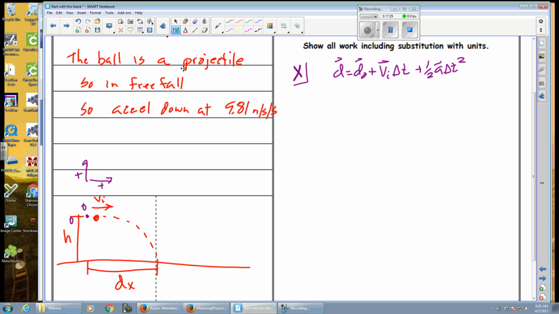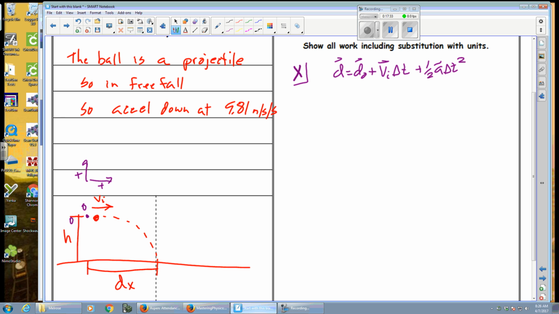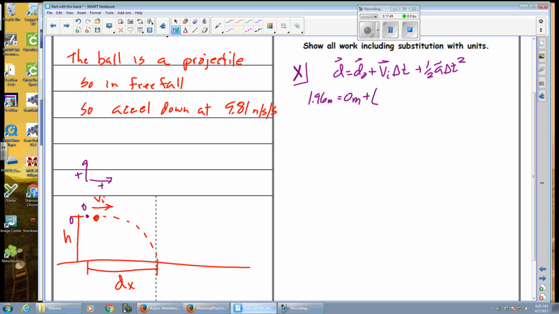Horizontally, where I end up, they tell me that's 1.96 meters, and that's positive because of how we picked it. I start at 0 meters horizontally. My initial velocity horizontally, remember I'm only dealing with x, is 4.83 meters per second. Delta t.